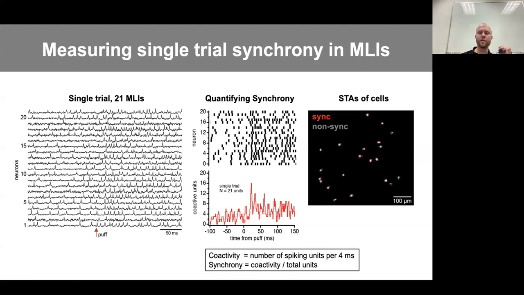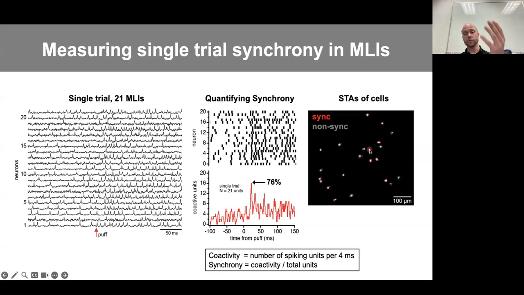And then after the air puff comes in, 16 out of 21 of those MLIs are firing a spike within a 4 millisecond window. And that is synchrony, right? And so we can convert that coactivity into synchrony simply by dividing the number of active units by the total number of units. And when we do that, we find that, in this trial, there is 76% synchrony.